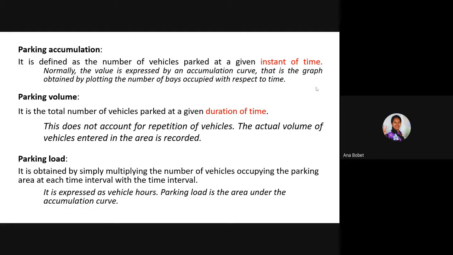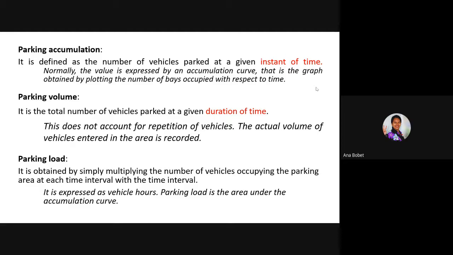But if a parking bay had, in the first 2 hours, a pickup parked, and then in the next 2 hours a car parked, and the next 1 hour a van parked, then your count is 3 vehicles because they are 3 different vehicles.